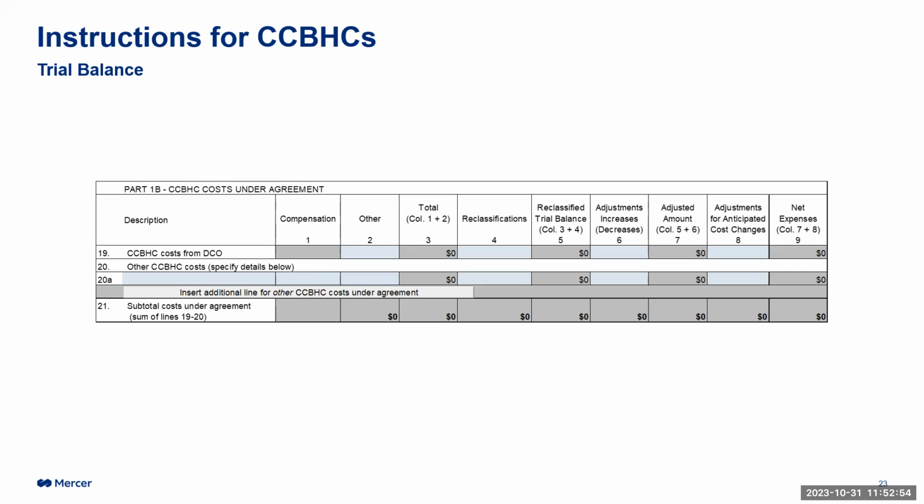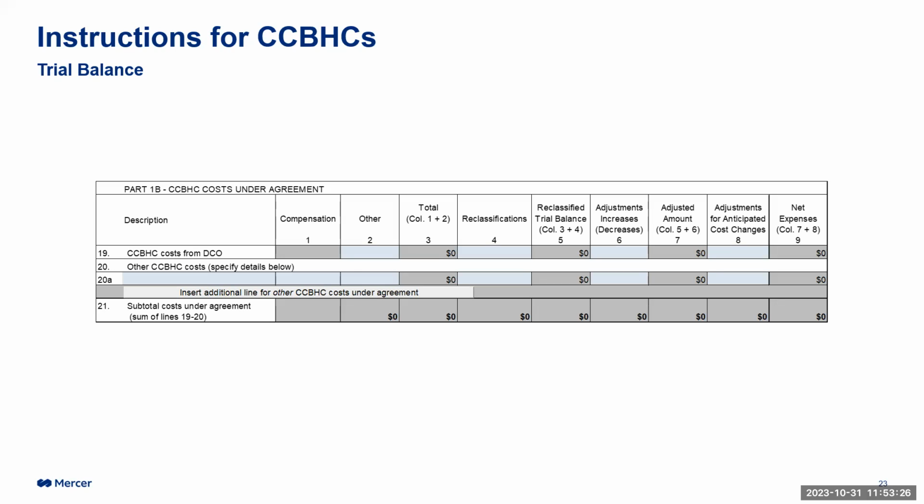To the extent none of those are in the current audited financial statements, these could just be all in the adjustments for anticipated costs. So these are those organizations that you're going to contract with that are going to provide some CCBHC services directly on the organization's behalf.